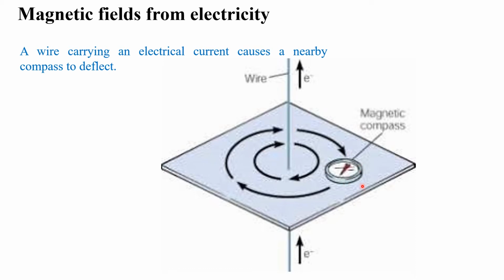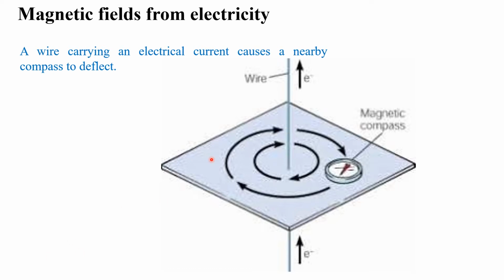When we place this magnetic compass near to this wire, the compass showed deflection, and this deflection tells us that there is a magnetic field around this current carrying wire.